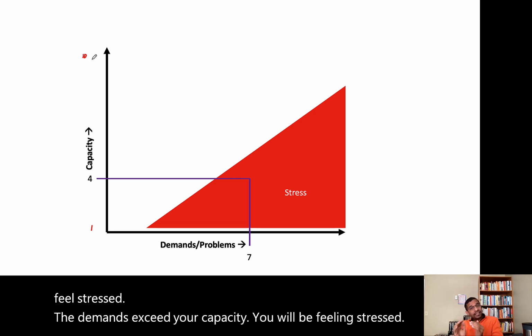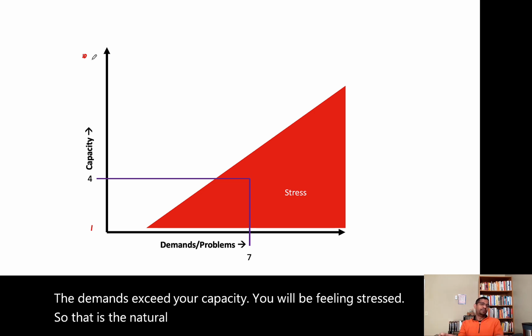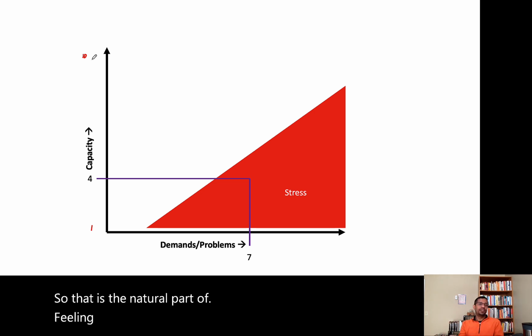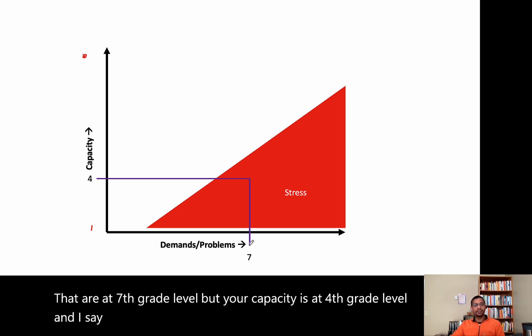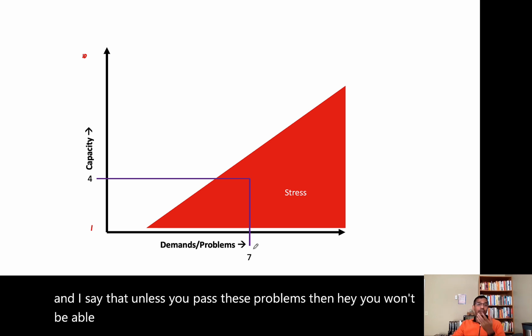So that is the natural part of feeling stressed. Okay, so I am giving you problems that are at 7th grade level, but your capacity is at 4th grade level, and I say that unless you pass these problems, you won't be able to graduate. Then obviously you will be feeling stressed.